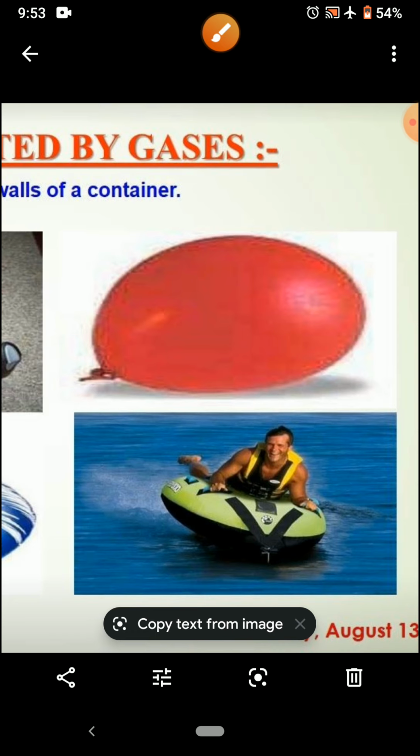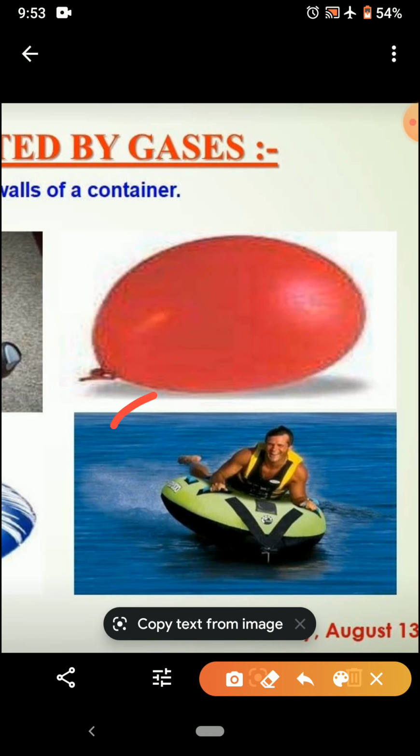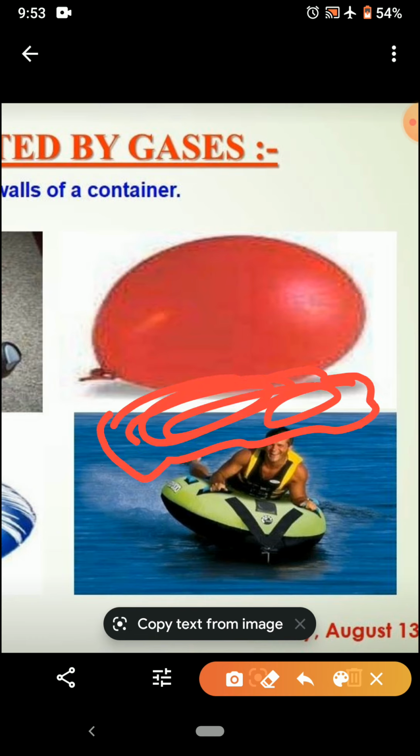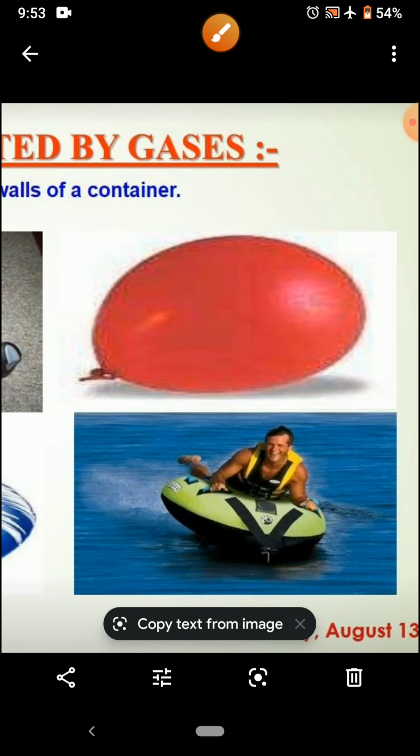But when we deflate it, that means we remove the air, it will not be in the shape of the boat. It will be just like a piece of rubber, or a piece of cloth. It will not have the shape of a boat, and it will not help in moving on the water.